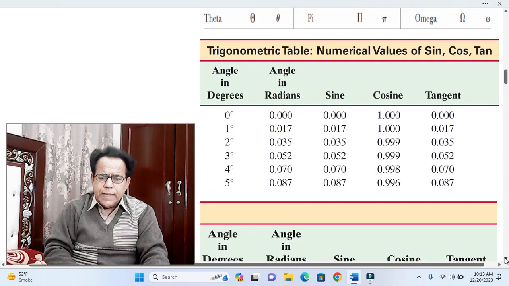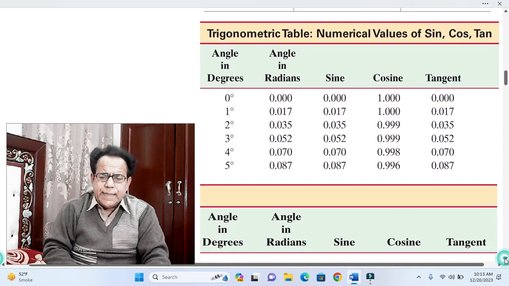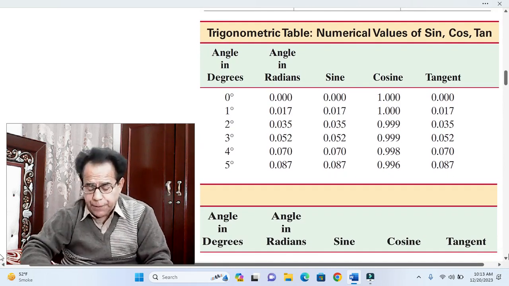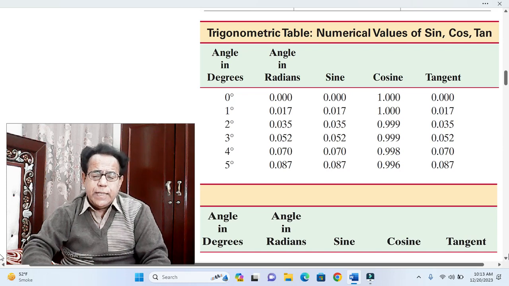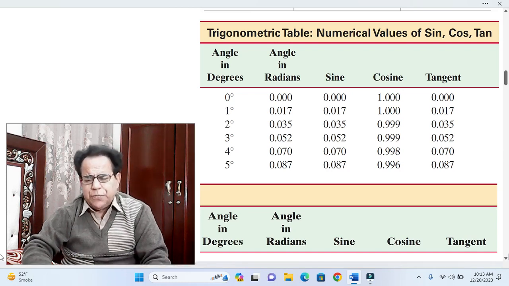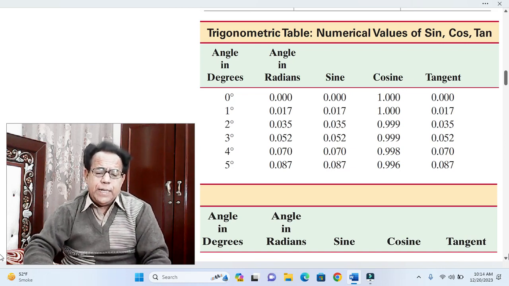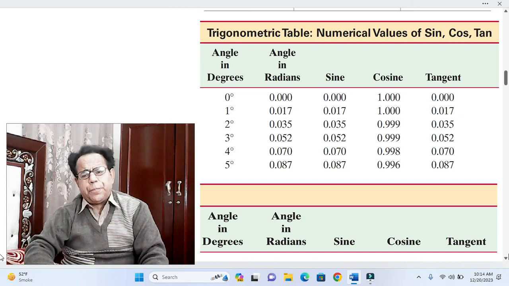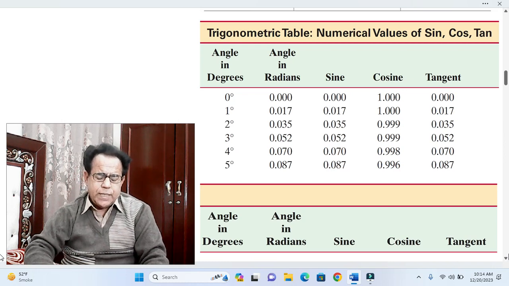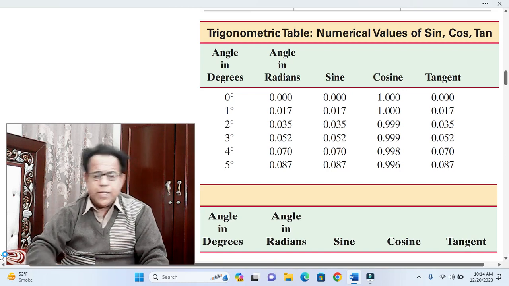The purpose of this table was only to this extent. Dear students, this table is usually given in almost every book on general physics. The purpose of this table is to find out the values of sine, cos, tan of different angles and inverses.